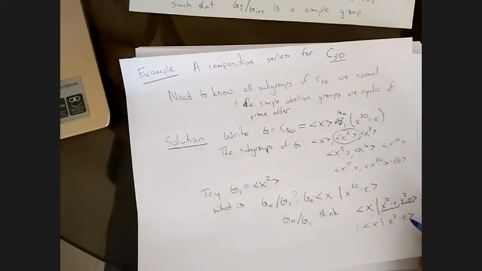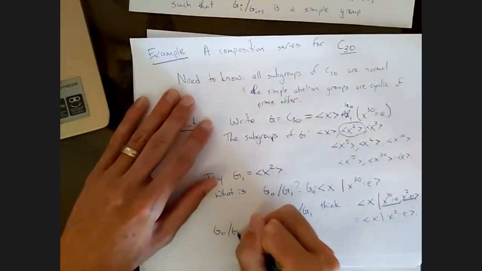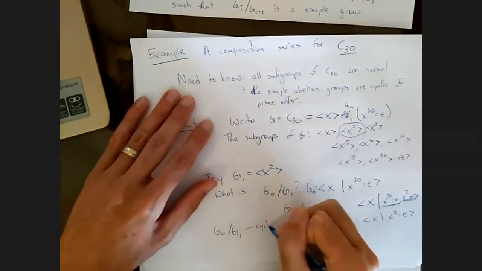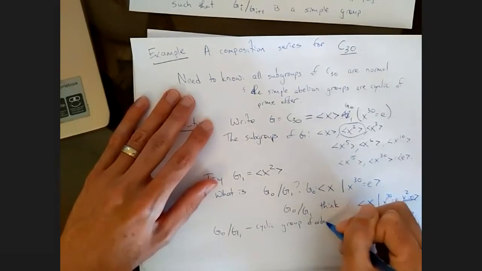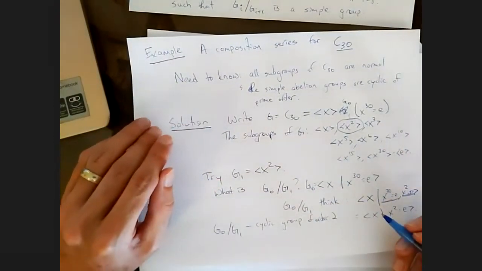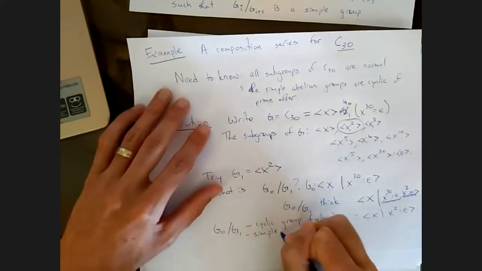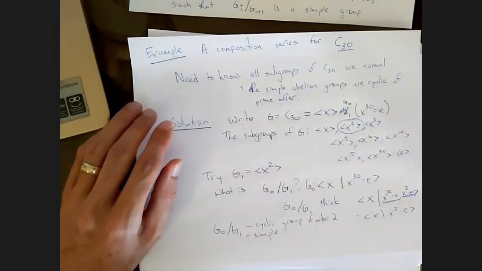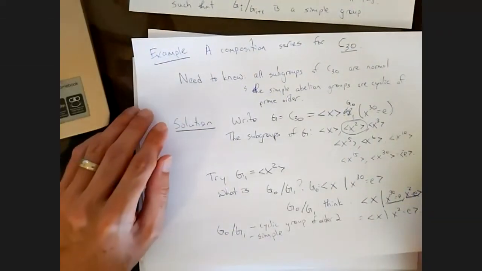In other words, G0 mod G1 should just be a cyclic group of order 2. This is a cyclic group of prime order, so it is simple. So we've done the first step of finding a composition series.